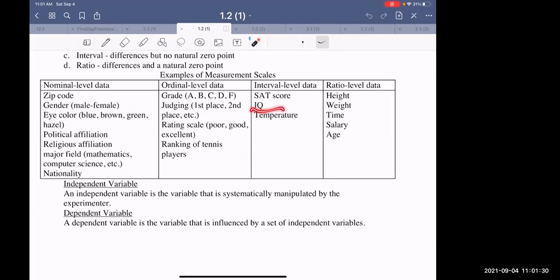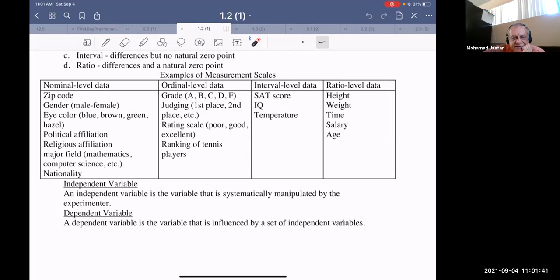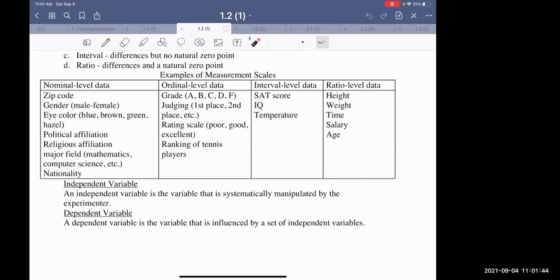Okay? So IQ scores. Does anyone know what an IQ score is? What an IQ test is? Intelligence quotient. Yeah, the intelligence quotient test. Does anyone know how that came about? So there was a psychologist around 100 years ago.